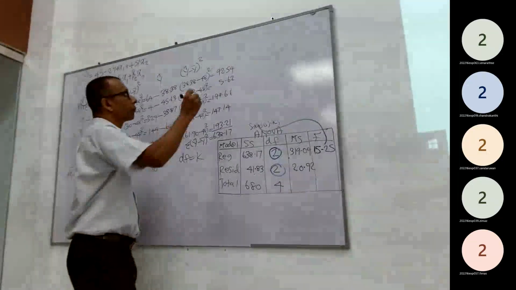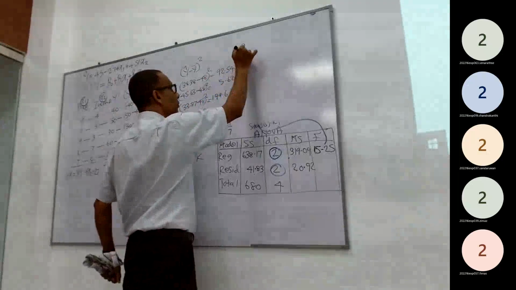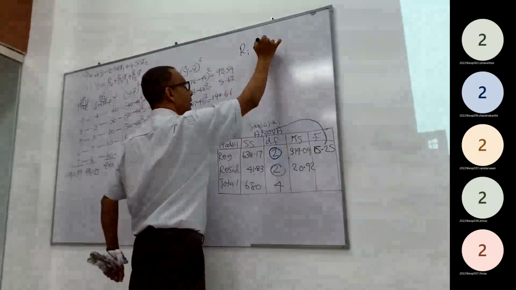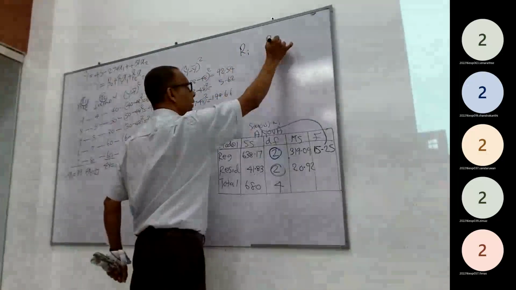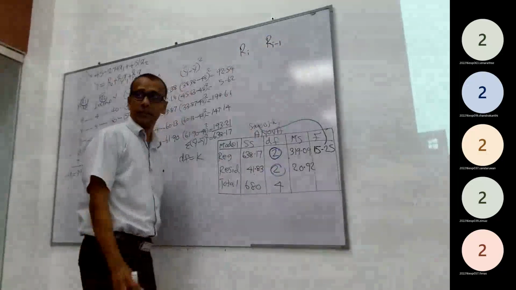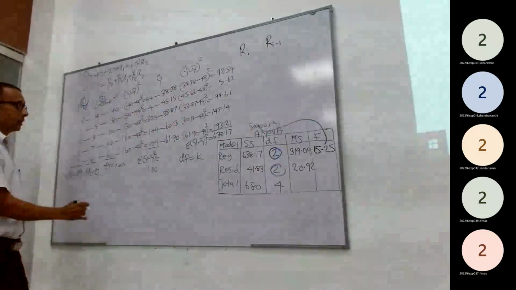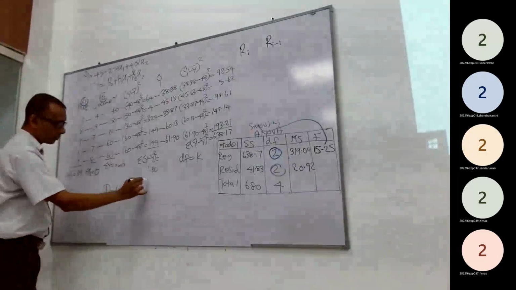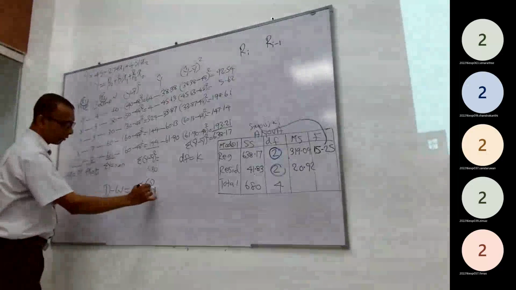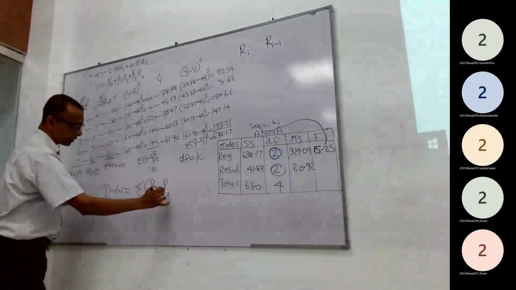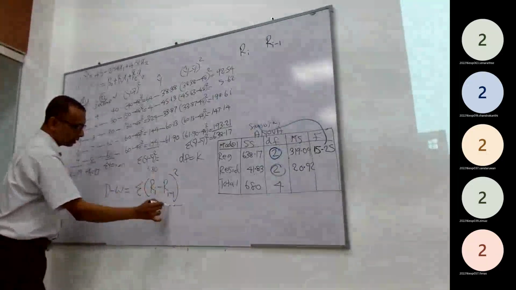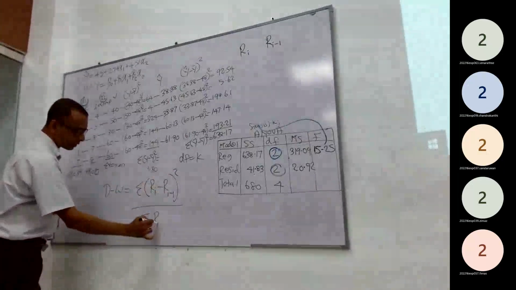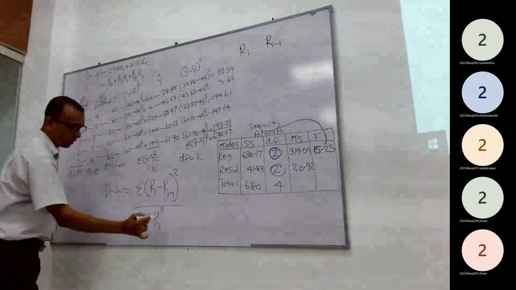I need residuals, and then residual of i minus 1, because the DW test is the sum of the squares of residual i minus the previous residual, divided by the sum of residual i squared.